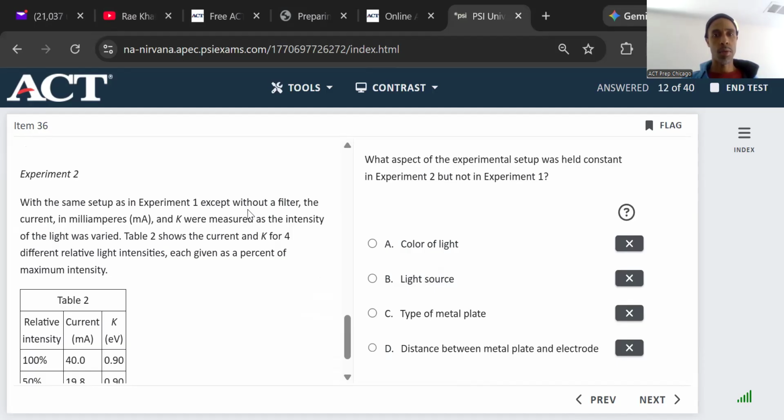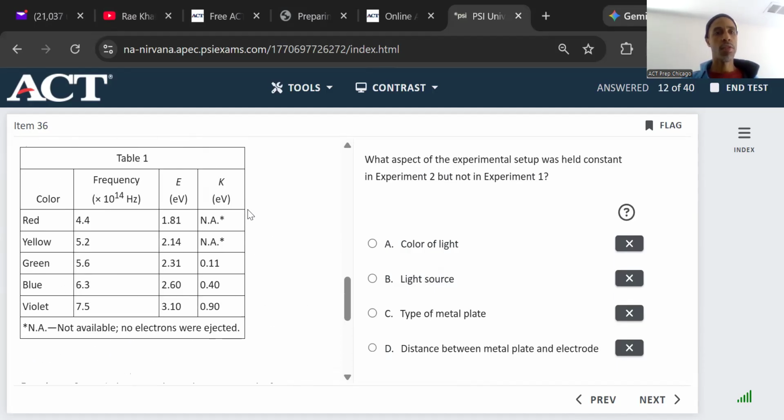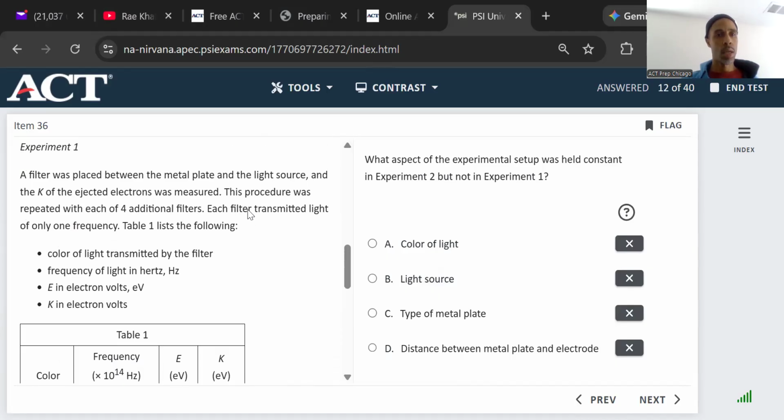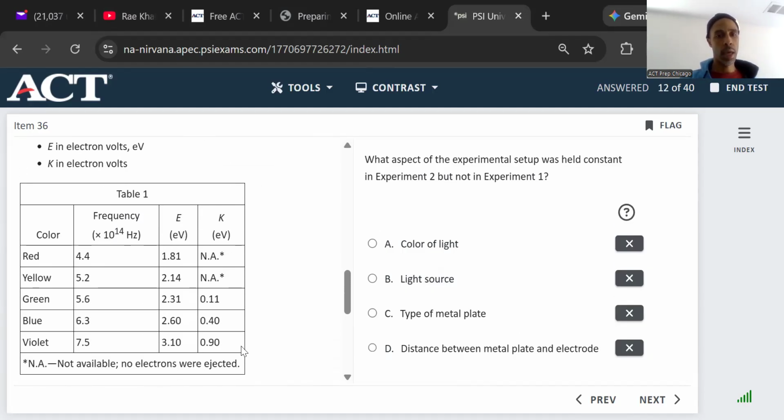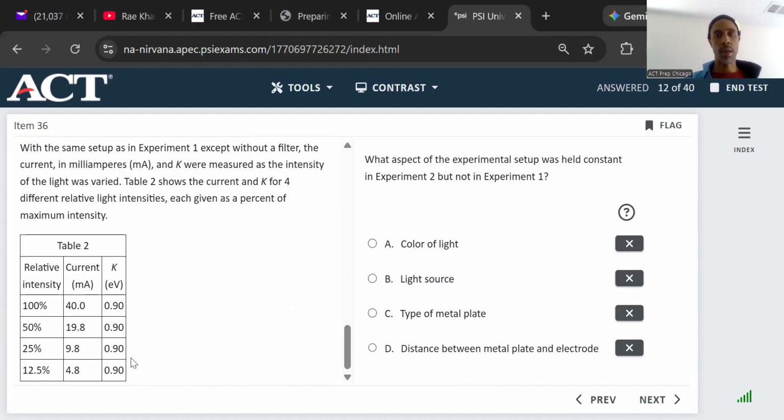Type of metal plate. What did they change in experiment one? The filter was placed between the metal plate and the light source, and the K of the ejected electrons was measured. The procedure was repeated. Oh, it was K, because if you look at K, K changed, but in here K stayed the same. But was it held constant?